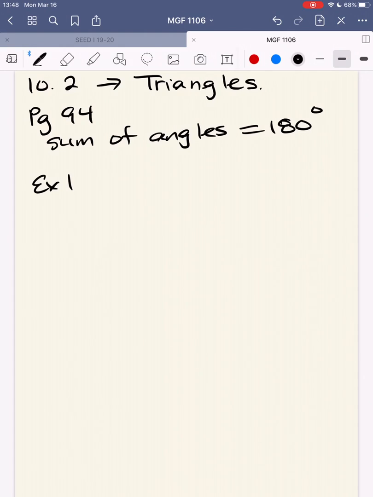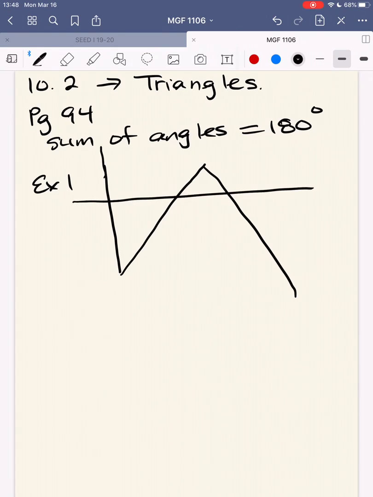This is on page 95, the next page here. In example 1, I'm going to try to draw this as best I can. I'm not a big artist here. I have a line here, and they tell me this is a right angle. I have angles 1 and 2.